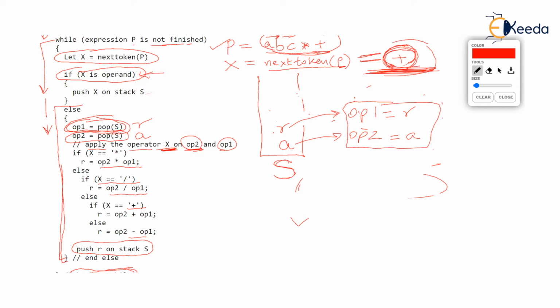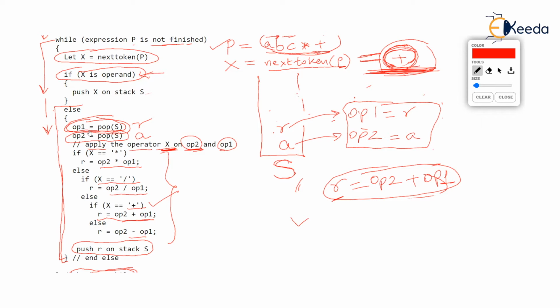You apply this operator, but you will apply it in such a way that OP2 will be on the left of plus and OP1 will be on the right. Store it in the result R. And once R is evaluated, push R on the stack. That's what has been done in the remaining code. Here addition is true, so we will add OP2 and OP1 and push the result in R.